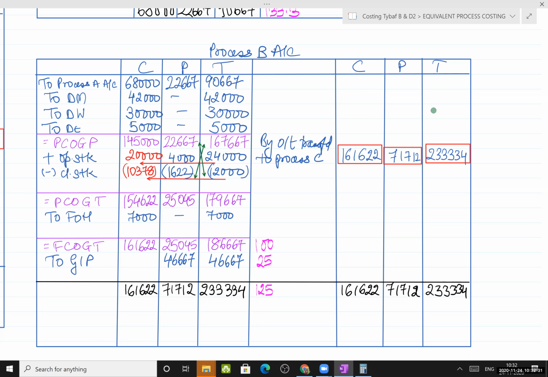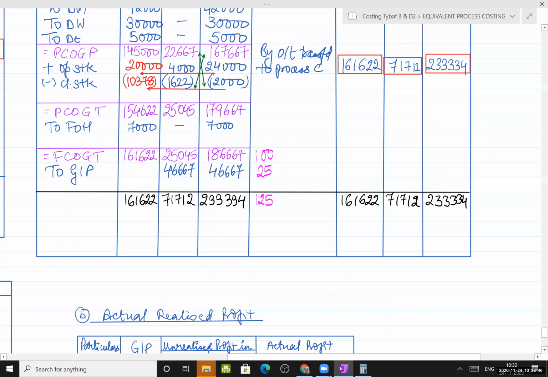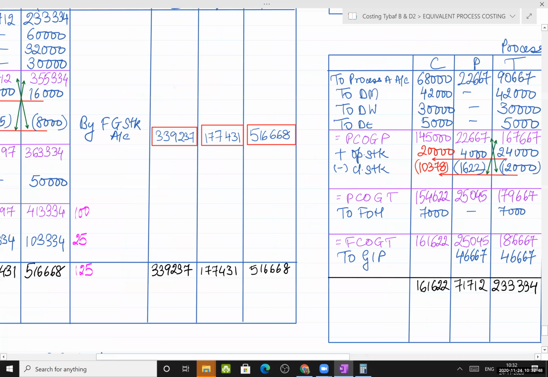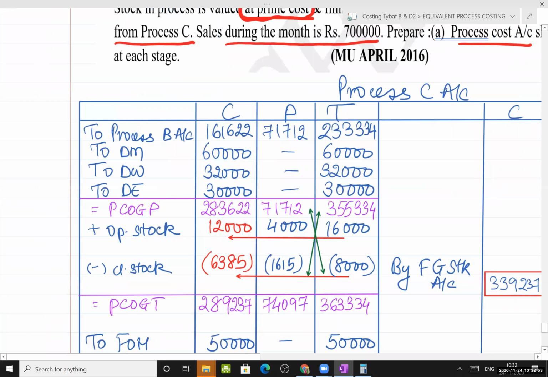So accordingly, your calculations will change. Okay, now this output, which we have calculated, will become input for the next process, that is process C. Okay, so let us come to process C. First, we will complete the debit side.